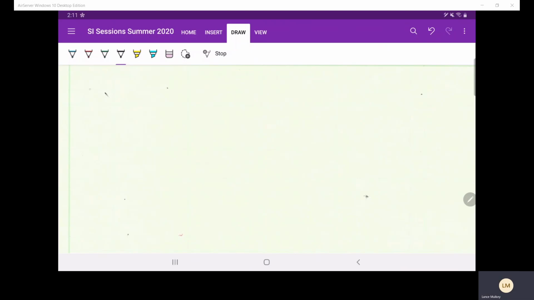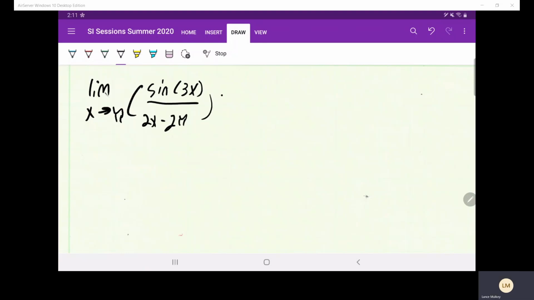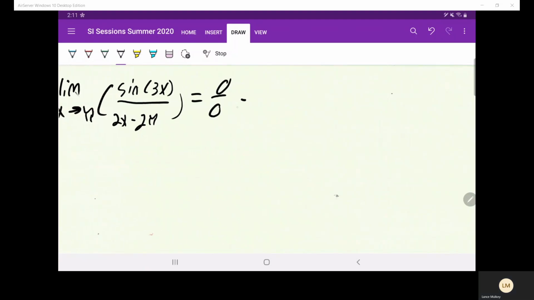We're going to start out with the limit as x approaches pi of sine of 3x over 2x minus 2 pi. That equals 0 over 0. So now L'Hopital, so L comma H. That's how I let people know.